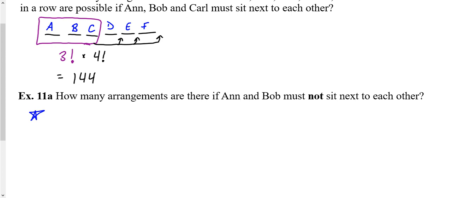So again, I'm setting up this equation here: I'm going to do a no restriction, and I'm going to subtract off being together, and that's going to then equal the not together.